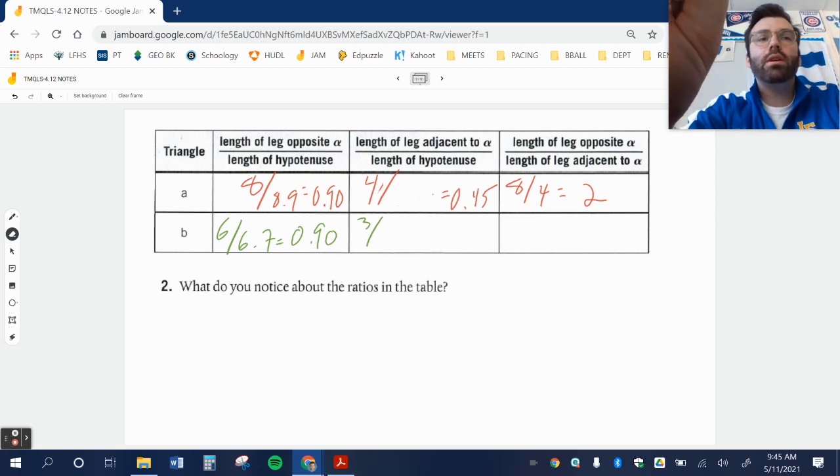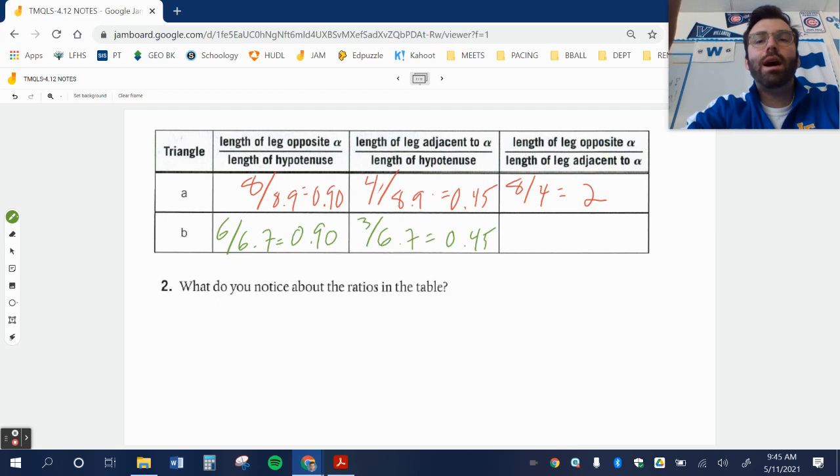This should be 8.9. I apologize. All right, so now we're going 3 over 6.7. And that's also 0.45. And lastly, I go opposite, which is 6, over adjacent, which is 3, and I get 2.